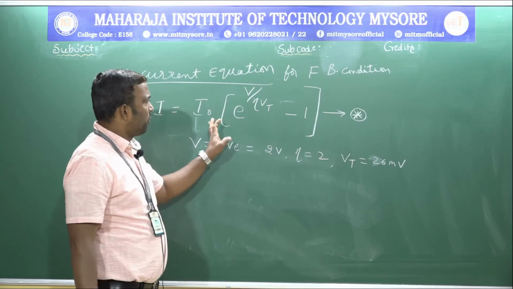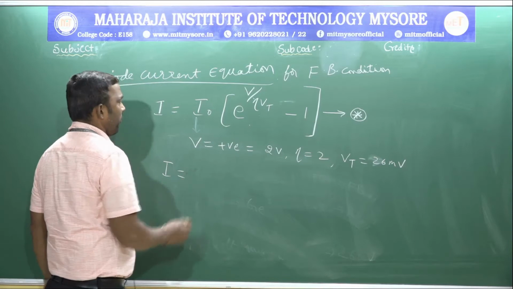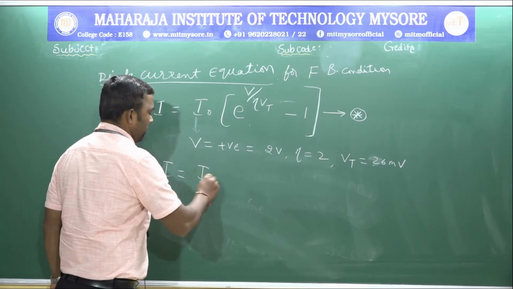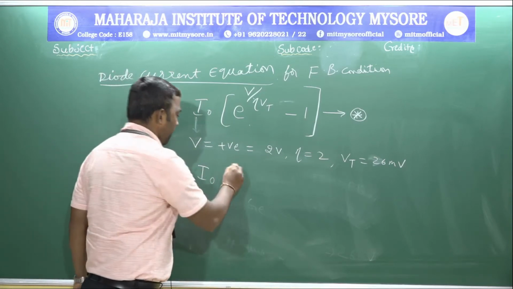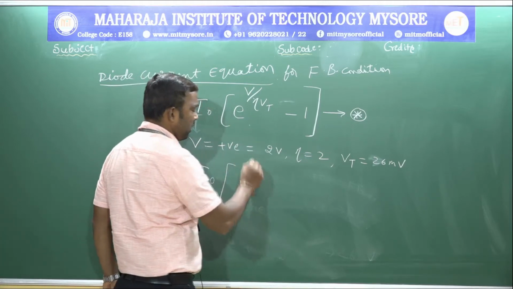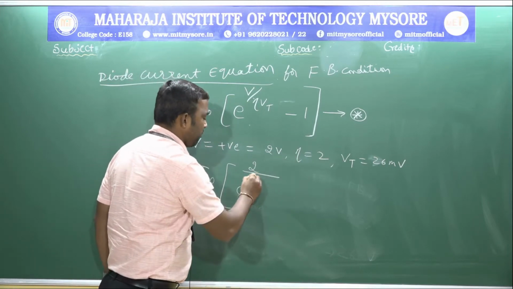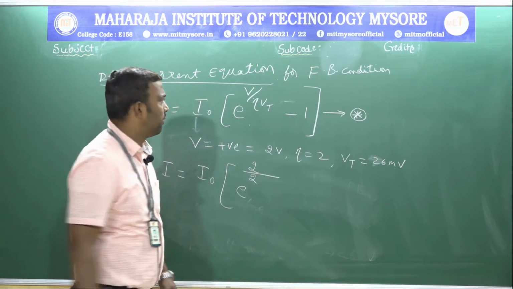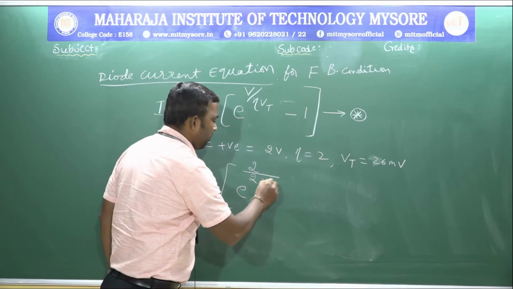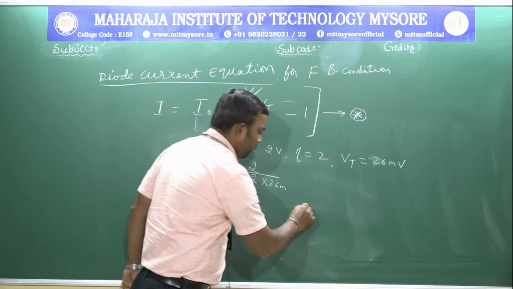Therefore, by substituting all the values, I equals I naught, a constant value, into e power V, the applied voltage, which I am considering as 2 volts, divided by eta, which is 2, a constant value, and Vt, which is 26 millivolts, minus 1.